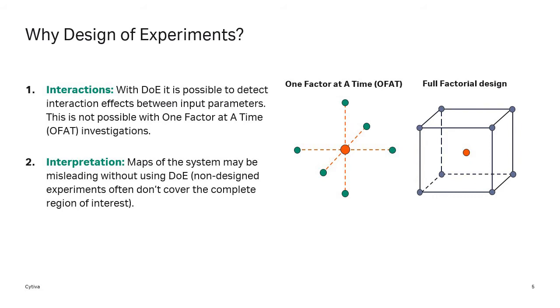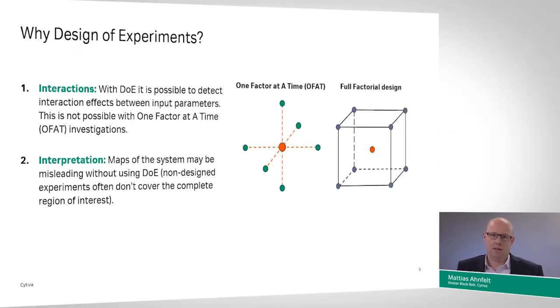On the right-hand cartoon, we have what a full factorial design in 3 parameters looks like. As you can see there, we have 8 experiments, each in a unique corner point where all the X parameters are set either at a high value or at a low value simultaneously. That enables the quantification of interaction effects, and it also means that whatever statement or knowledge we build about our process around this red center point, we will have covered that space with our corner points from the factorial DoE.